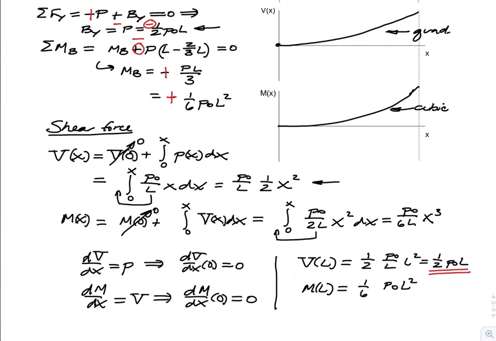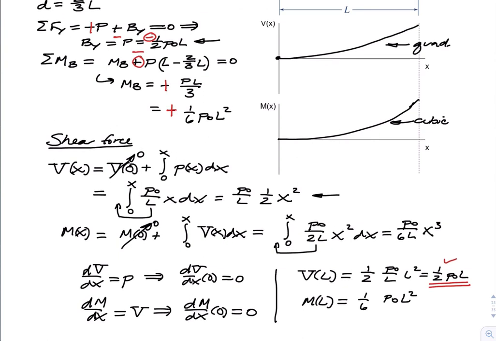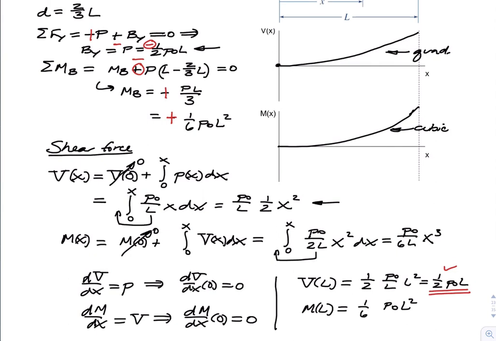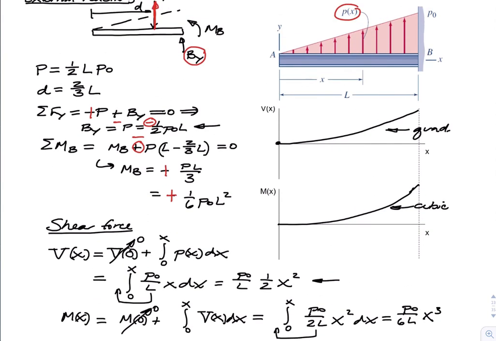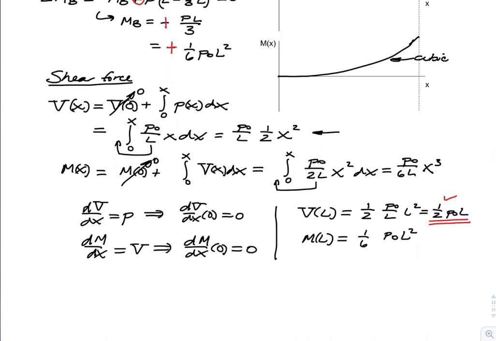So that checks out in both sign and in magnitude. The bending moment we said here was a plus 1/6 P naught L squared. We drew MB as being counterclockwise on the right face, and that's positive. So again, we got both the right magnitude and the right sign.